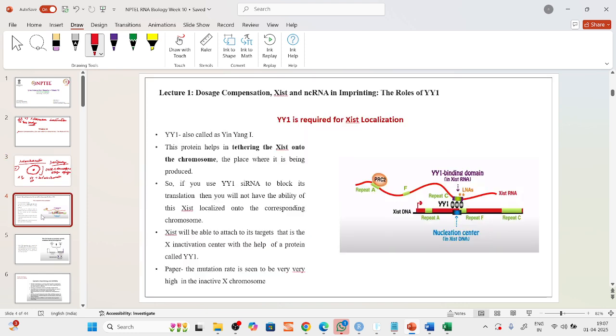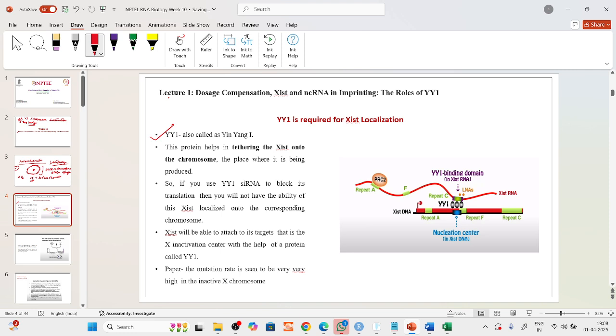Now, let us come to the first lecture for week 10. The first lecture was about dosage compensation, Xist and non-coding RNA in imprinting, the role of YY1. So what is YY1 protein? YY1 is known as Yin Yang 1.